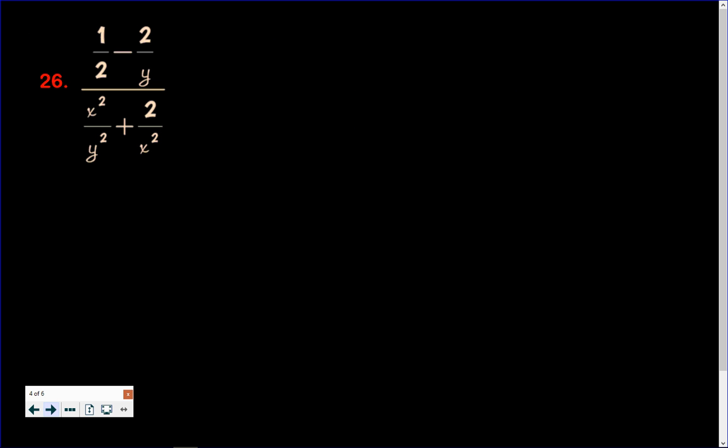Okay, so on this one, you're going to have to work it in parts, right? You have to do the top part first, and then do the bottom part. What's the common denominator right here? 2y, right? Okay, so I'm going to multiply this first one by what? So that gives me y on the top.